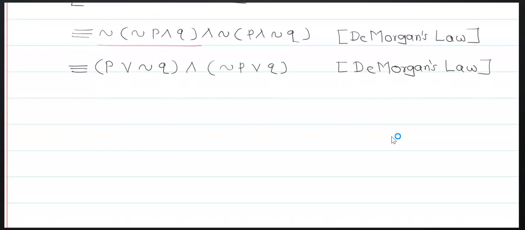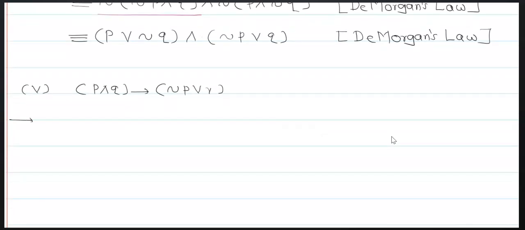Next is P and Q implies negation of P or R. Now we'll find out their negation.